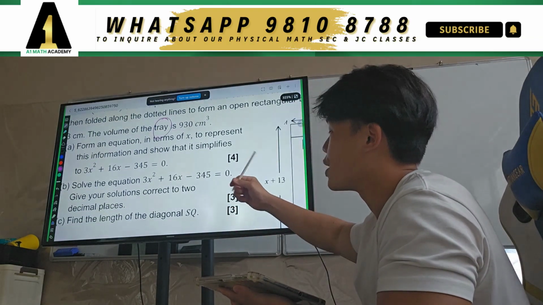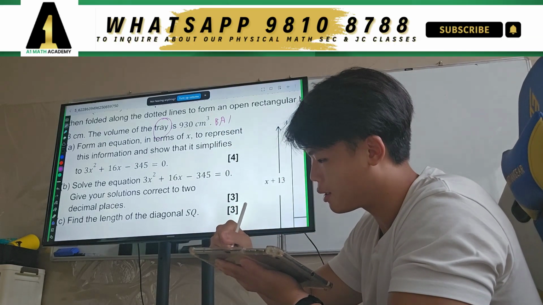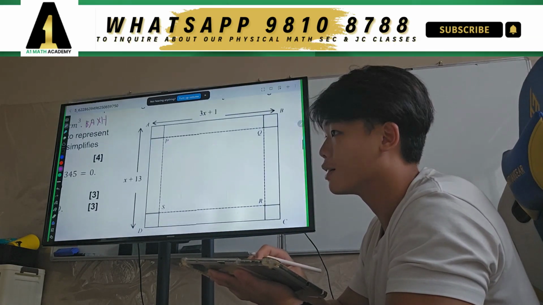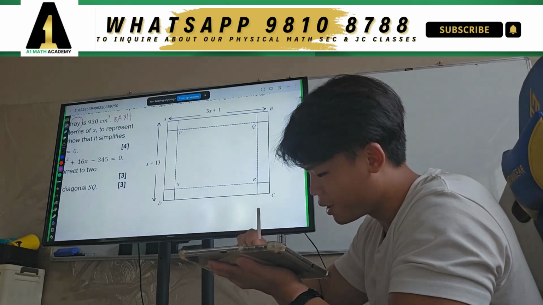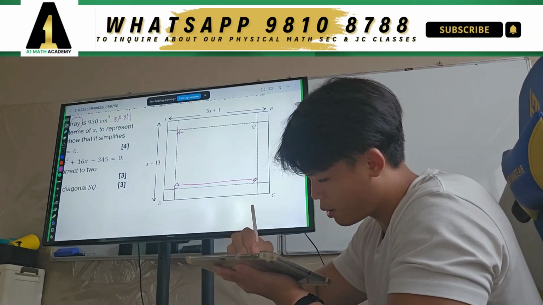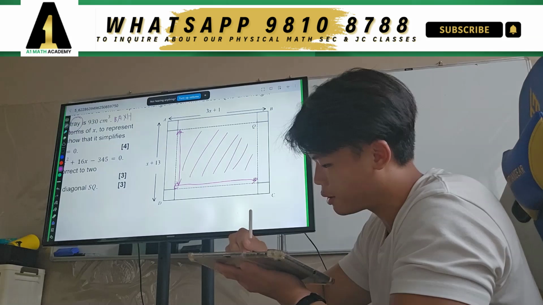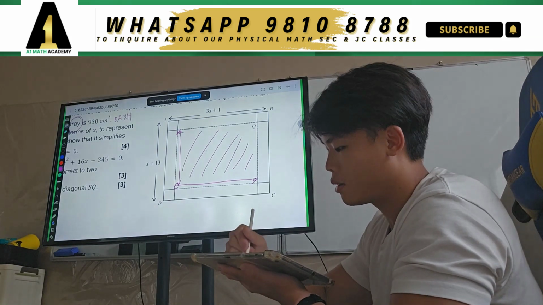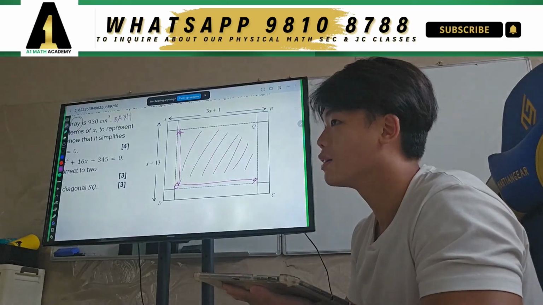The tray is base area times height, right? What's the base area of the tray? For this context, this whole thing is the base. Where's the height of the tray?